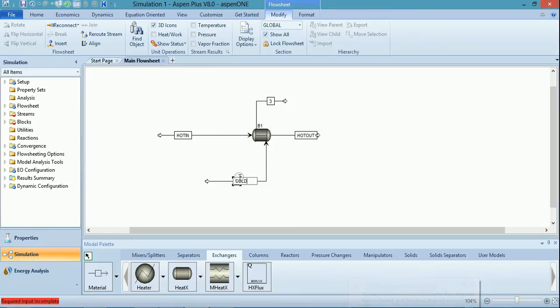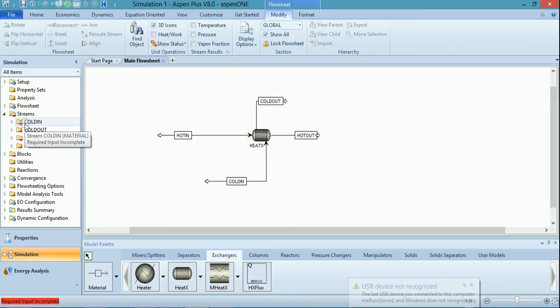That is hot in, hot out, cold in and cold out. The model is HeatX. We place it conveniently.